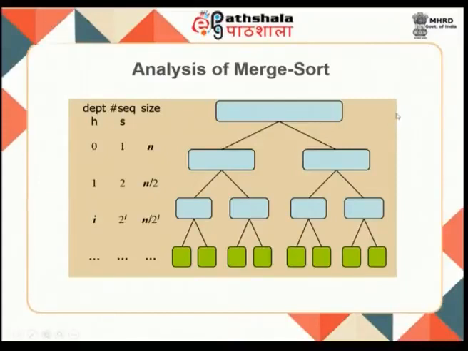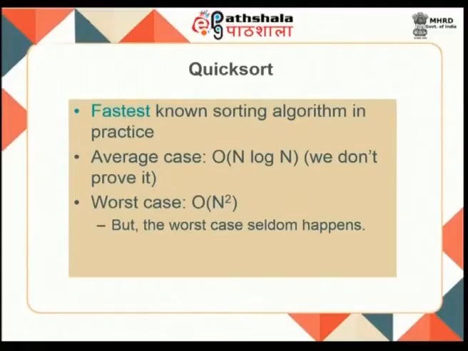You have log n as the depth. Therefore, the cost becomes n into log n. In other words, the complexity of Mergesort is theta of n log n. It is applicable for the best case, average case as well as the worst case scenarios.